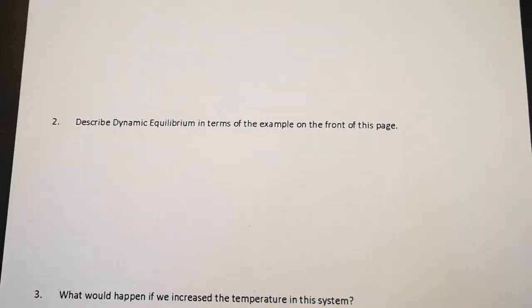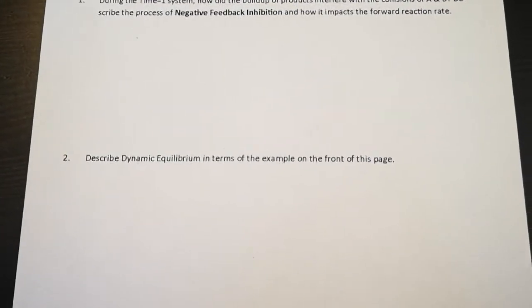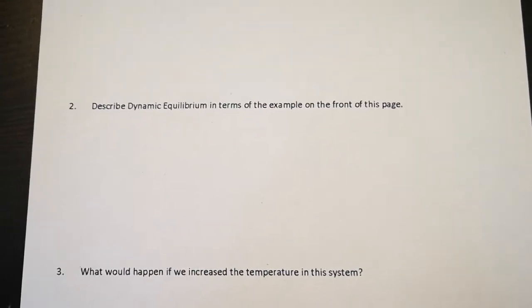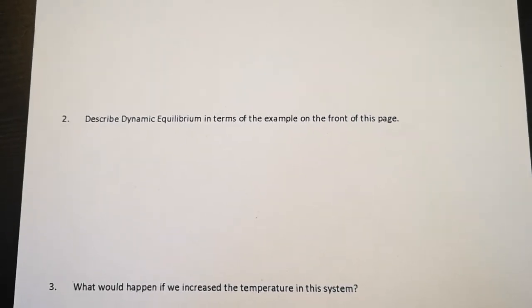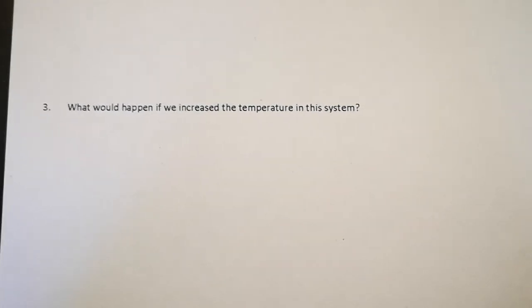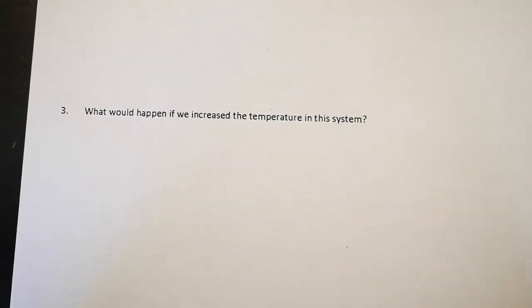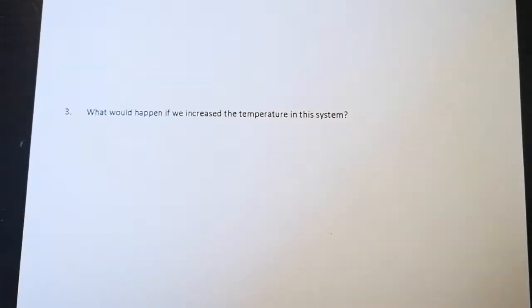So I want you to use terms like AB collision frequency, CD collision frequency. Let's use the collision frequency and that kinetic collision model to explain dynamic equilibrium. Let's use those terms in this answer. And final question, what would happen if we increase the temperature on this system? Well, temperature is a measure of kinetic energy at the molecular level.